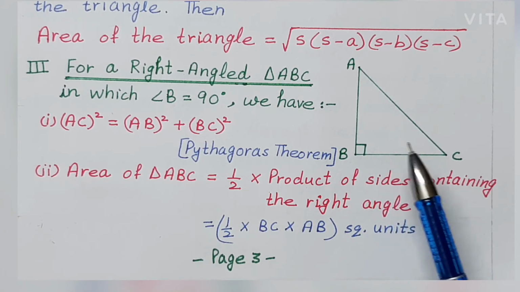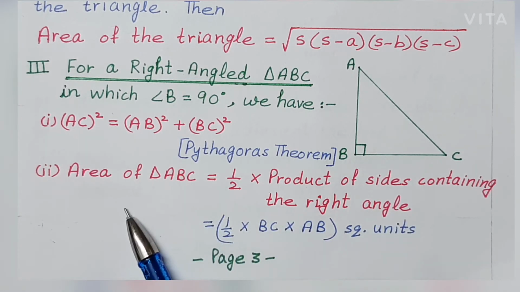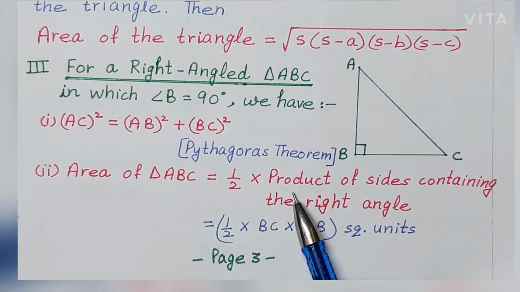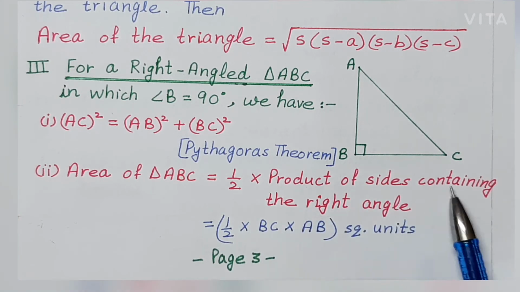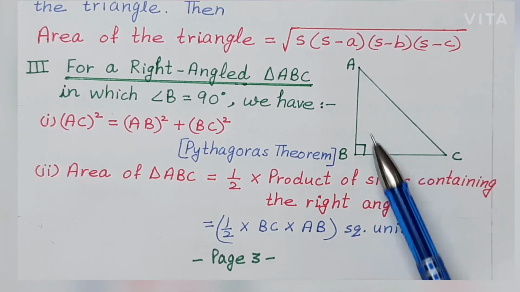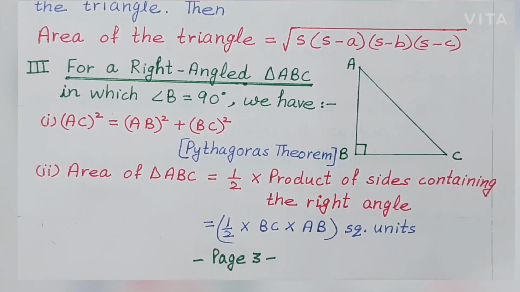And if we just have to find the area, then area of triangle is equal to half into the product of the sides containing the right angle, that is AB and BC. I hope it is clear to everyone. So these are the three methods to find the area of a given triangle. Clear?